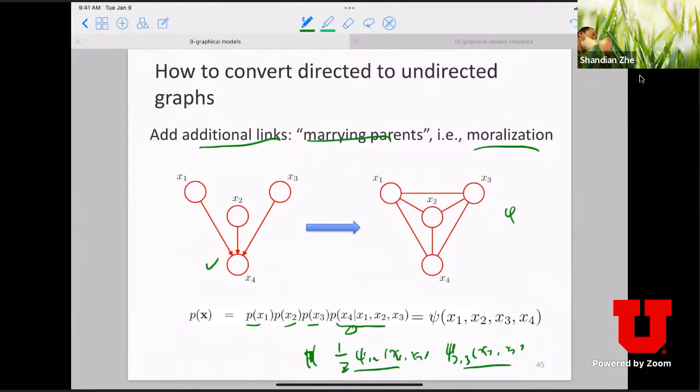It's hard to convert it back to a directed graph because you wouldn't know which set of conditional probabilities this potential function particularly corresponds to. So that means it is straightforward to convert a directed or Bayesian network to an undirected graphical model, but not vice versa.